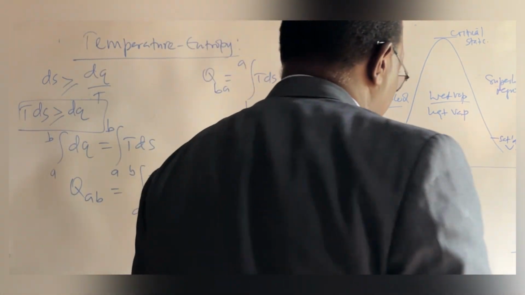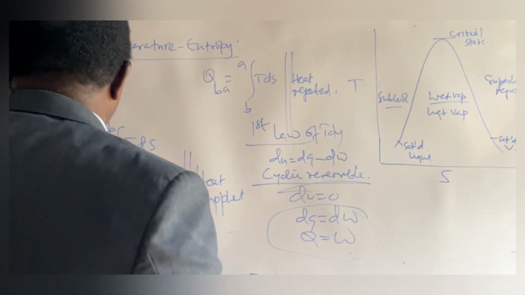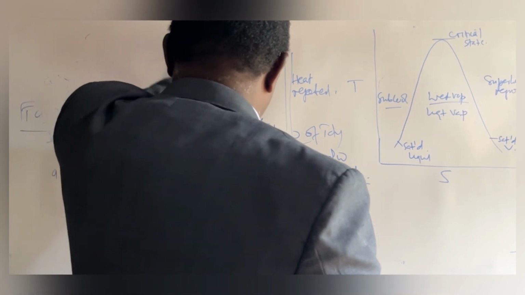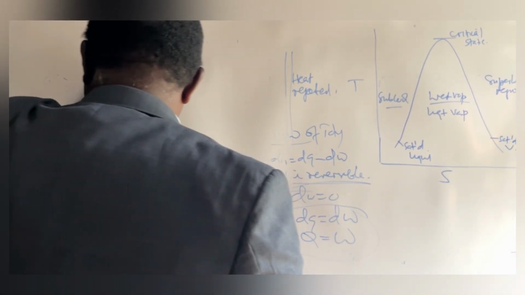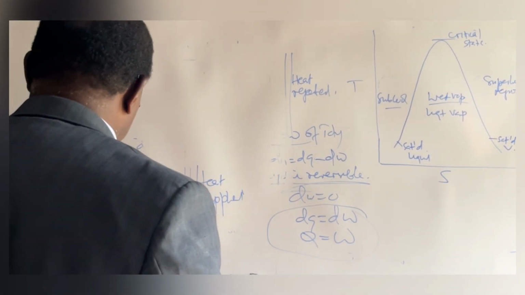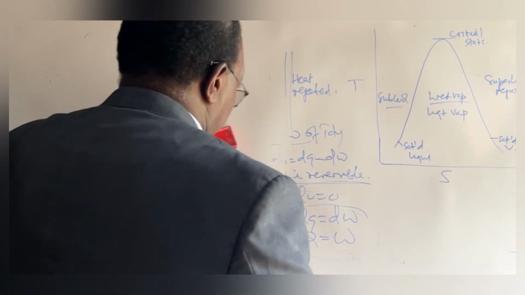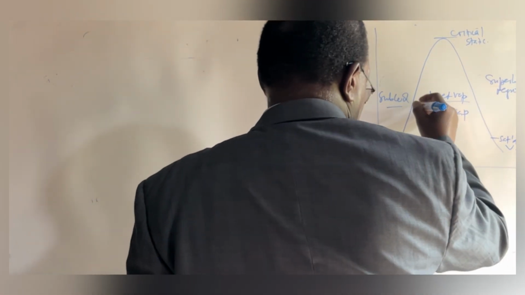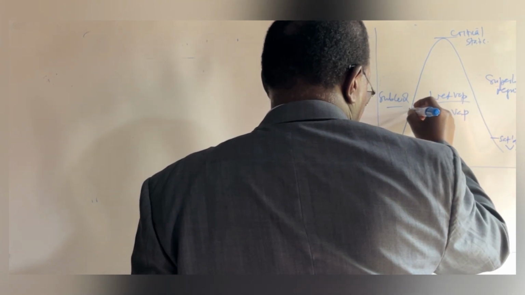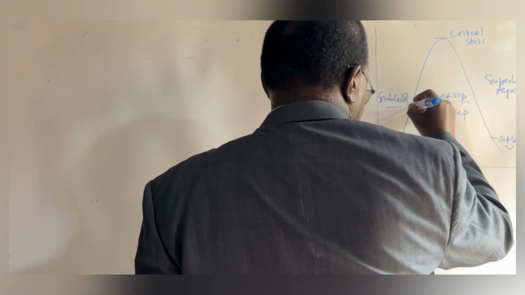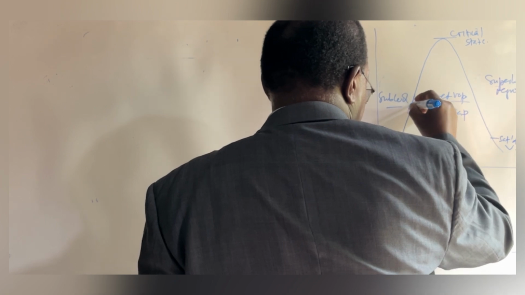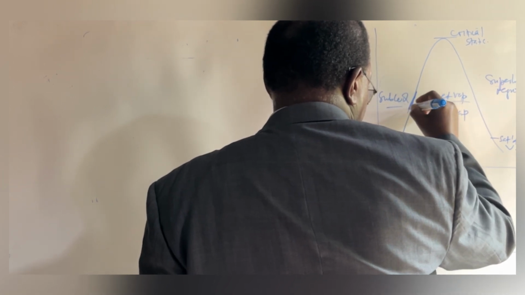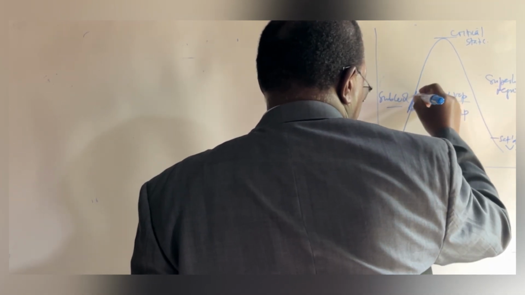Now, what is the entropy change in this system under constant pressure? Suppose we are starting at some state point, let's call it alpha, and you increase the temperature of the liquid.